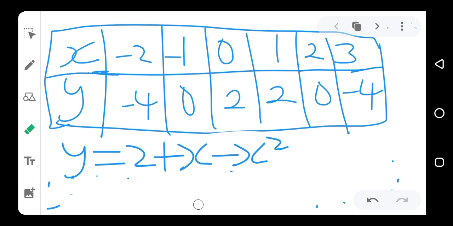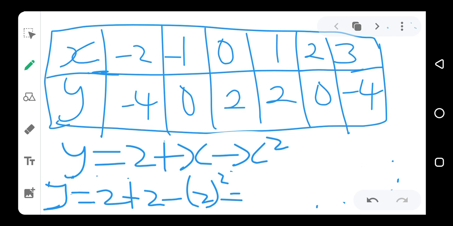When x is equal to 2, y is equal to 2 plus 2 minus 2 squared, which is equal to 2 plus 2. 2 squared is equal to 4 minus 4, which gives us 2 plus 2 is 4. 4 minus 4 is 0. So that is why we have it as 0 when x is equal to 2.